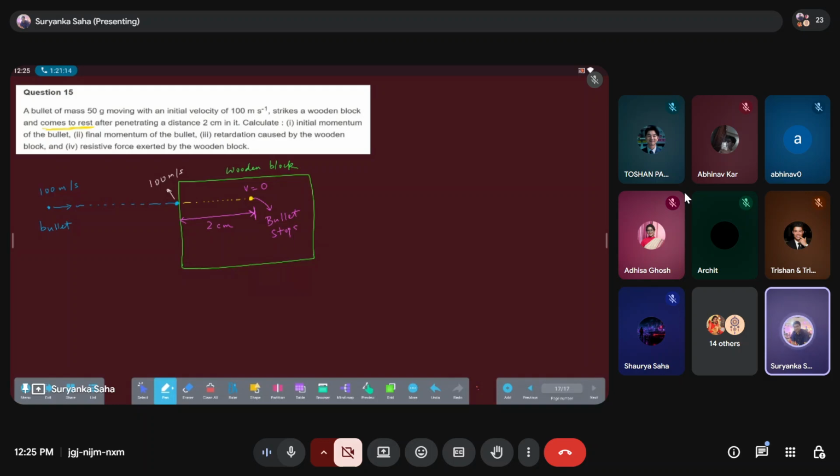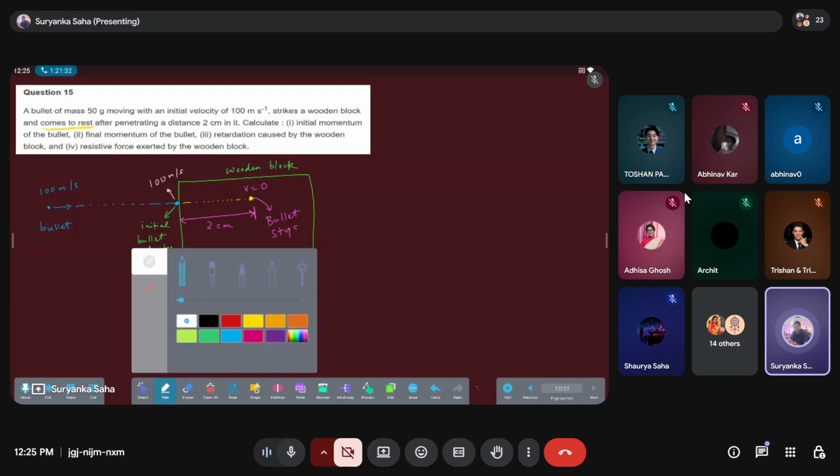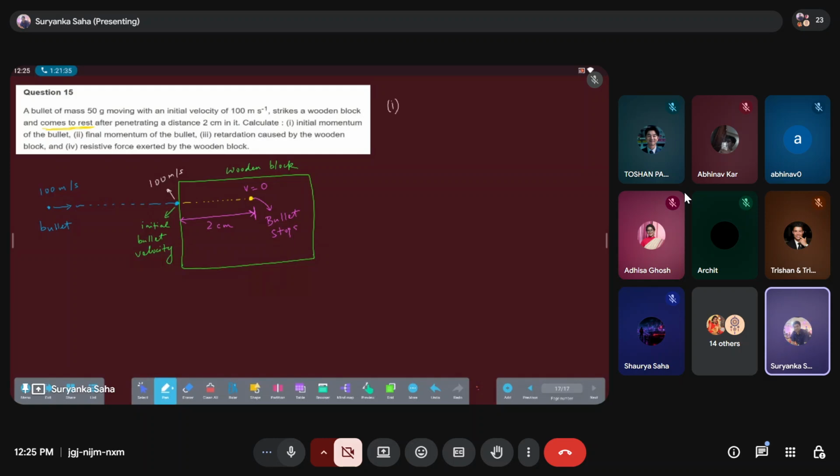Initial momentum of the bullet. Which position is the initial? This is the initial position, initial bullet velocity, and 0 is the final bullet velocity. So let me write one by one. Number 1, initial momentum of the bullet. Initial bullet momentum will be equal to mass into initial velocity.